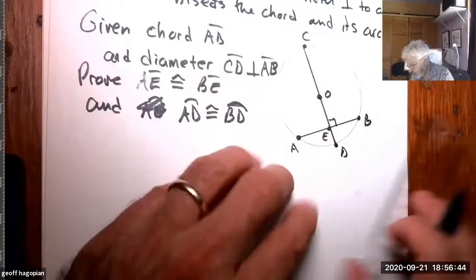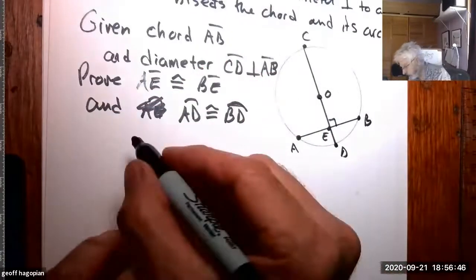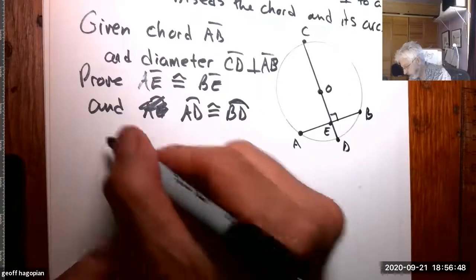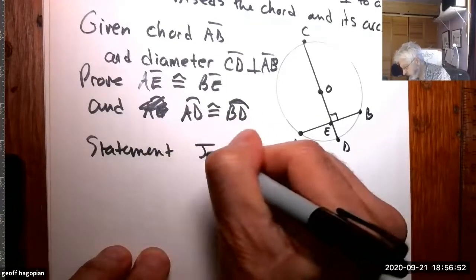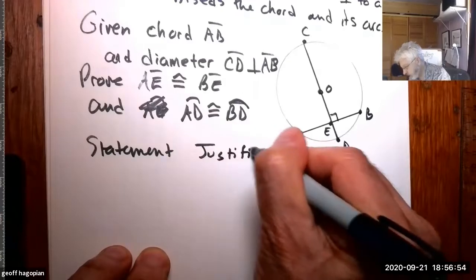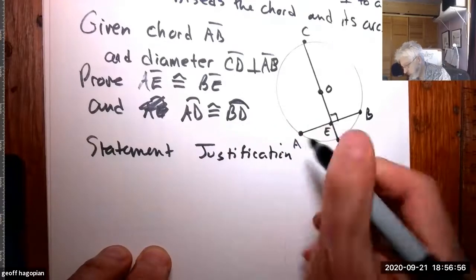So what are we given? So should we do the 2-column thing? Statement, justification. All right.